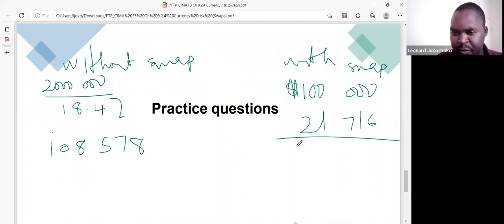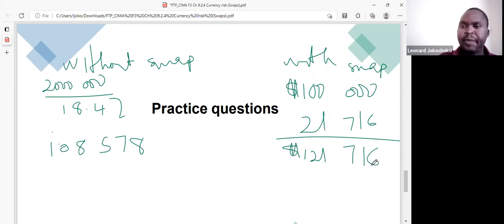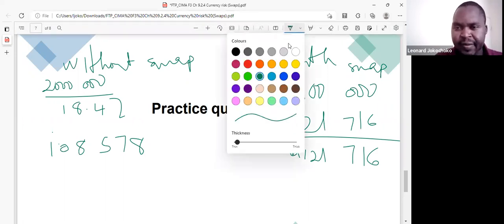They went home with the repatriated 121,716. So the swap protected them here. Correctly speaking, the swap protected them from losing money.